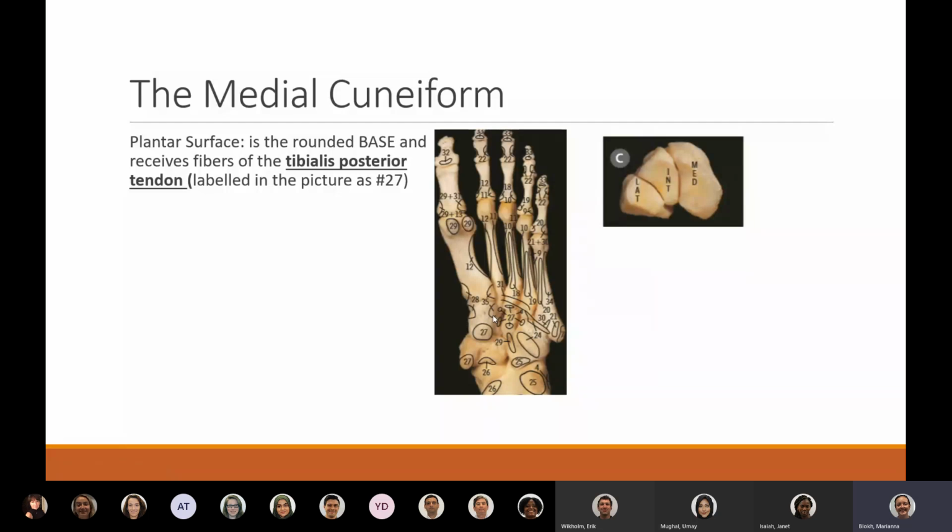So another test question would be, tell me, all of the following tendons insert into the medial cuneiform except. So remember, inferomedially, tibialis anterior. Plantarly, and proximal plantar, you have your tibialis posterior.